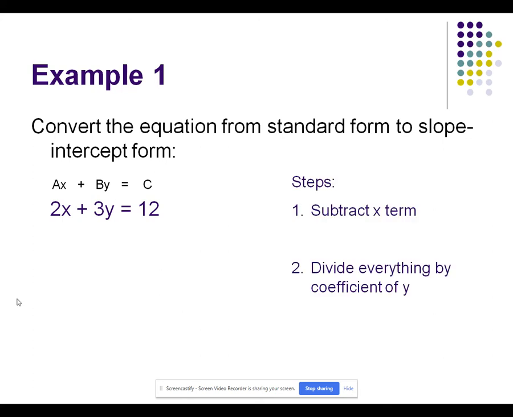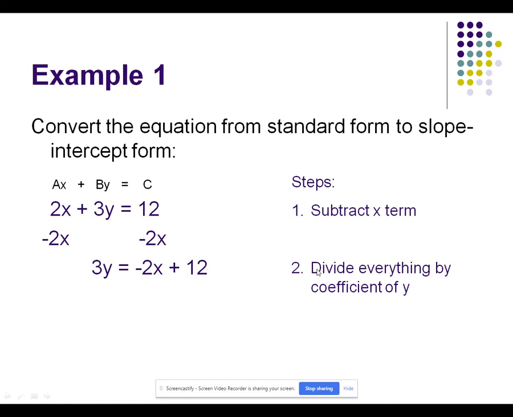I'm going to subtract the x term. So I'm going to subtract 2x from both sides. So now I just have 3y equals negative 2x plus 12. Like I said, you just take this, put it after the equal sign, and change the sign, which is what happened. So we have 3y equals negative 2x, and then the positive 12 is just plus 12.